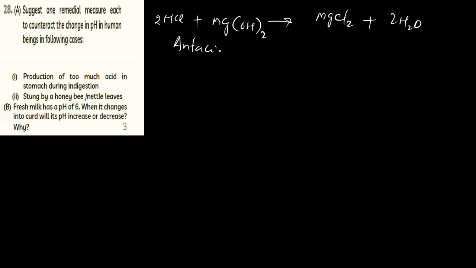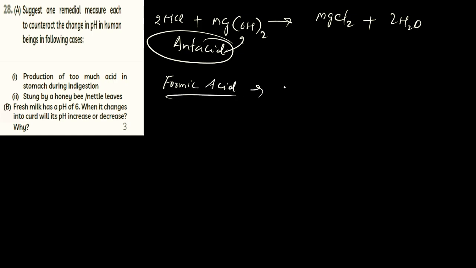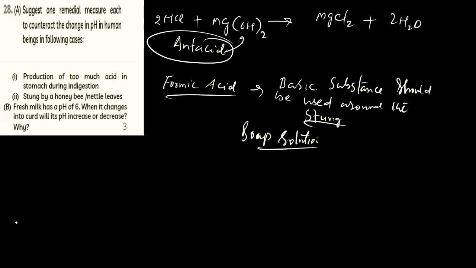So we can use an antacid like magnesium hydroxide or milk of magnesia. Stung by a honeybee or nettle leaf. Honeybee has formic acid in it. So it can be neutralized by rubbing a basic substance around that sting.